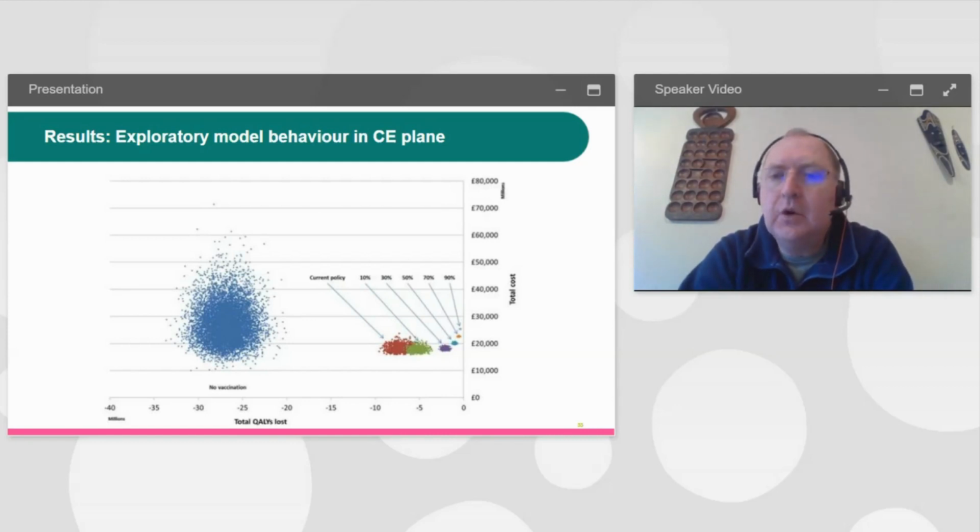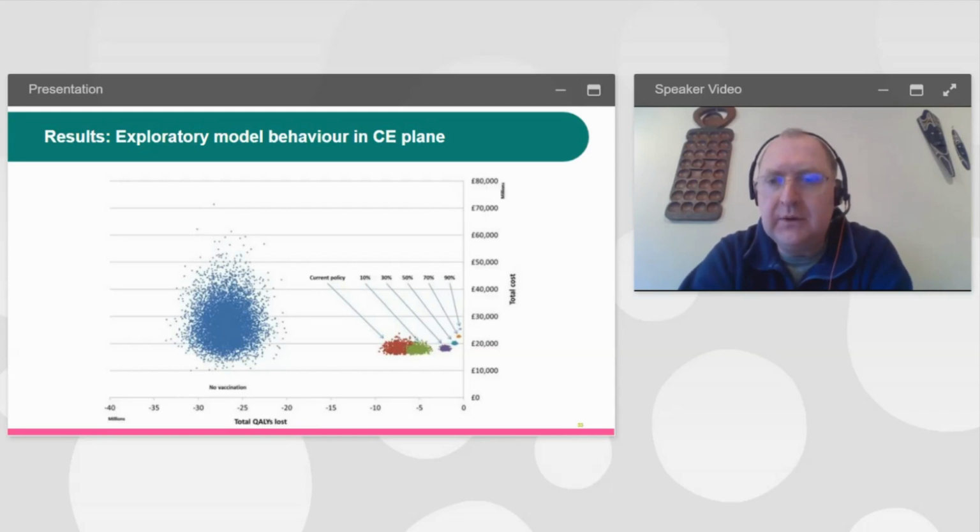And what you will see, I mean, you wouldn't expect these clouds to go into the positive side, to go up to the positive x-axis, as it were, because unless vaccines can actually improve your health separately from preventing flu, you're not going to end up with a net gain in QALYs, but you're preventing QALYs being lost due to flu.